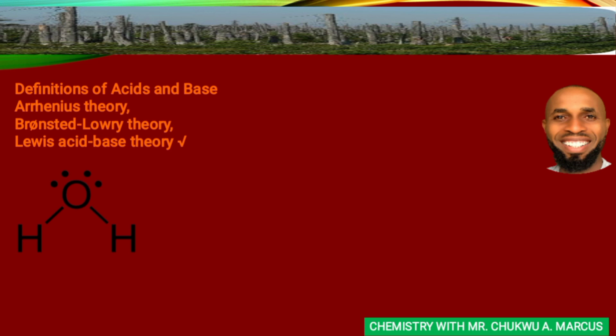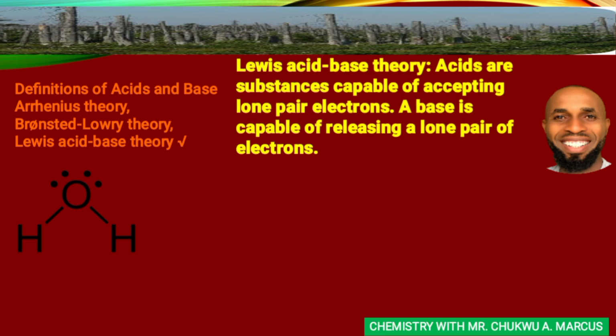Now this water is able to give out its lone pair to be shared by the hydrogen ion, and the hydrogen ion is able to accept an electron pair. That makes the hydrogen ion an acid, because it can accept an electron pair. That is what Lewis is trying to tell us an acid is.